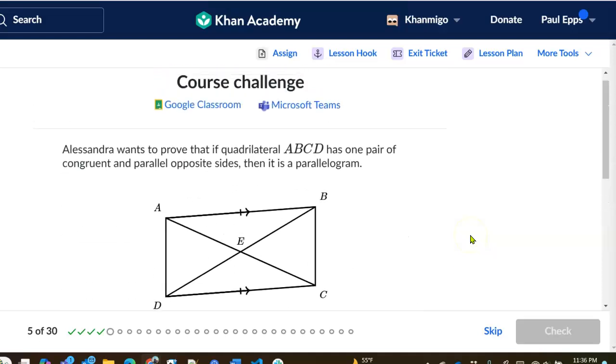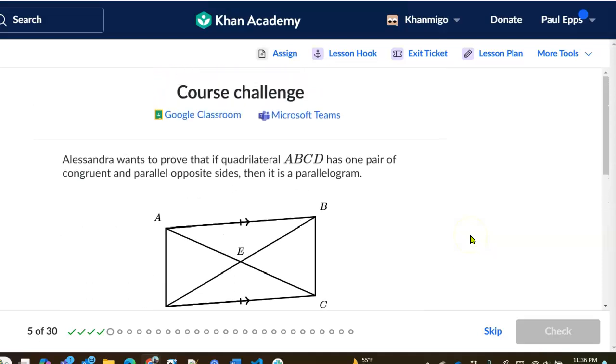Alessandra wants to prove that if quadrilateral ABCD has one pair of congruent and parallel opposite sides, then it is a parallelogram.